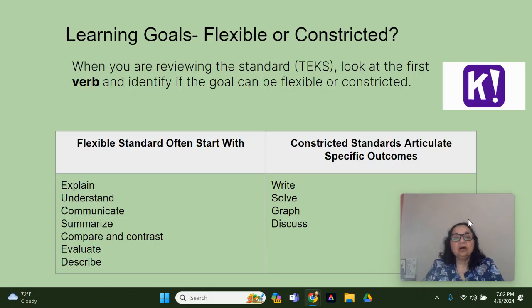Let's learn a little more about flexible and constricted verbs. Whenever the standards start with the following, like explain, understand, communicate, summarize, compare and contrast, evaluate and describe, these are flexible standards. When you see the standards with write, solve, graph, and discuss, these are constricted standards. So pay attention to it.